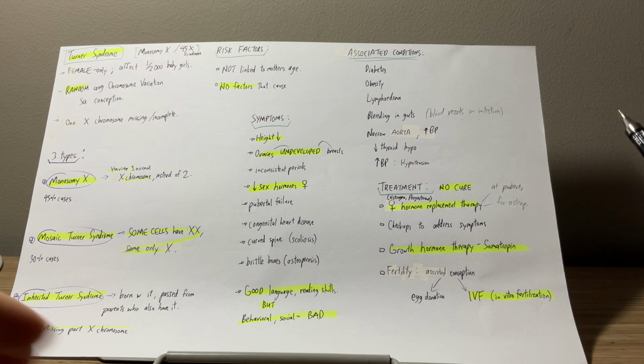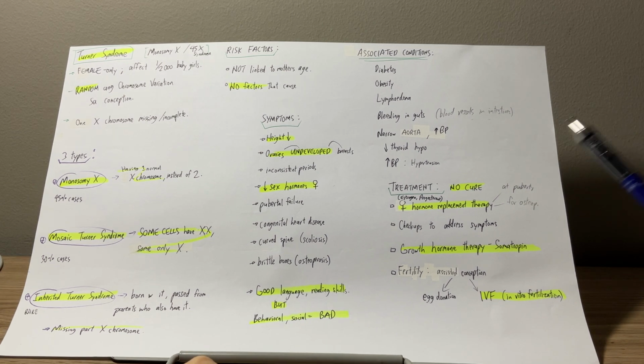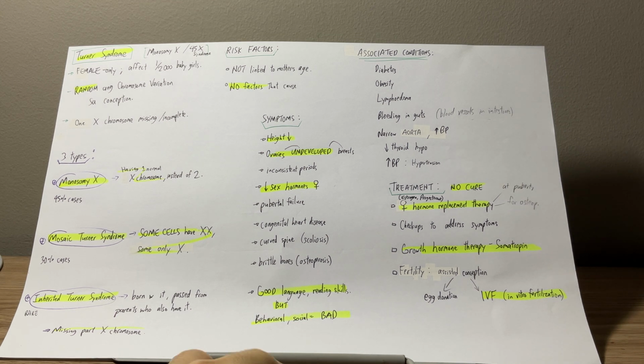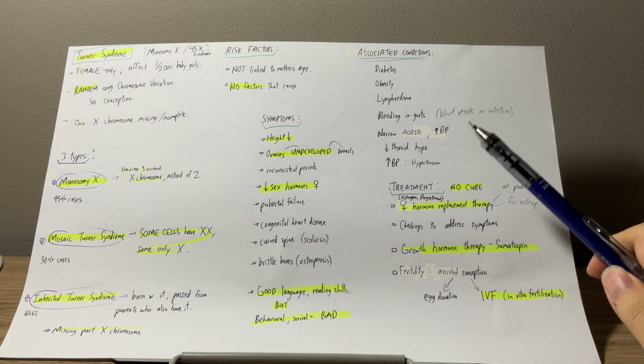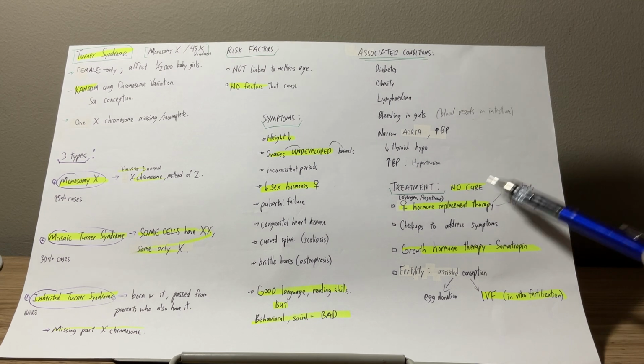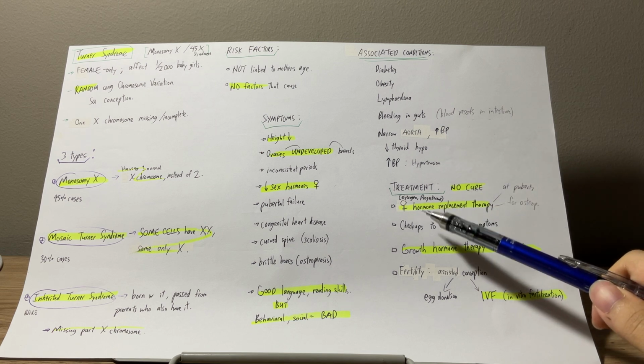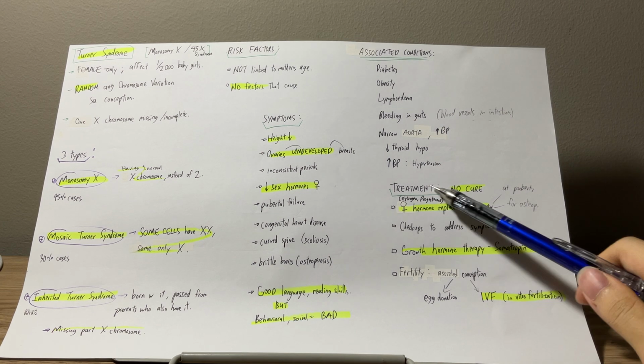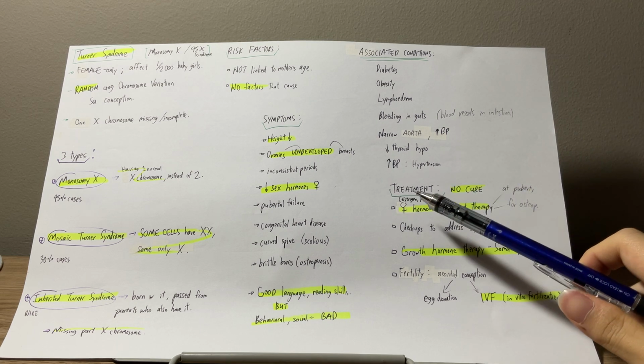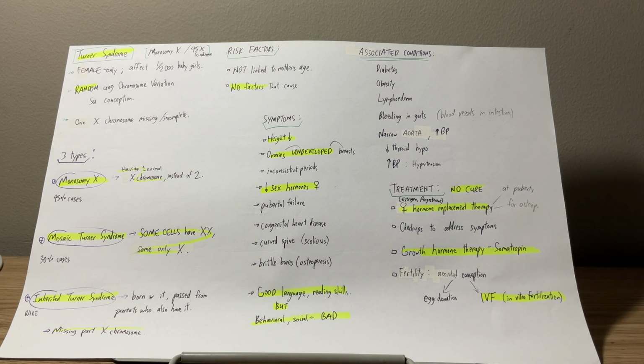So, regarding the treatment for Turner syndrome, well, there is no cure, but there's therapy. We have hormone replacement therapy. This is done at puberty and for those with osteoporosis. So, what are female hormones? We have estrogen and progesterone, although I believe these are not exclusive to women only.